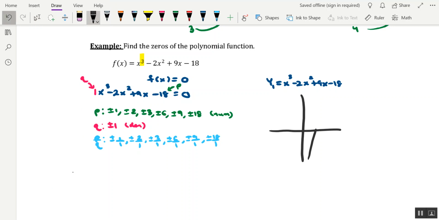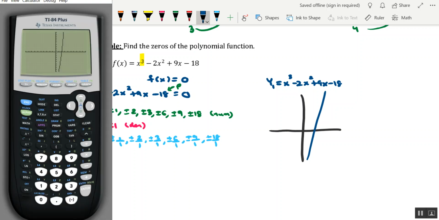So something like that. And it looks like there's one x-intercept. So there would be one real 0, and that would imply that there are going to be 2 non-real zeros. It appears as though this graph might be crossing the x-axis at x equals 2.